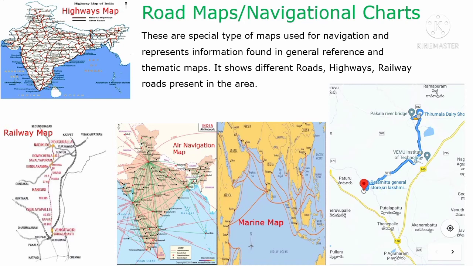Here different maps were given which show highways, railways, airways and waterways, just as you can see in our mobiles to find a different place or to go to an unknown place. Even the road map will be given showing how you have to reach those places.